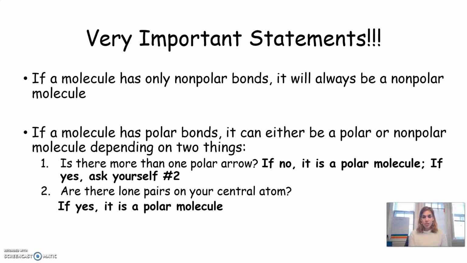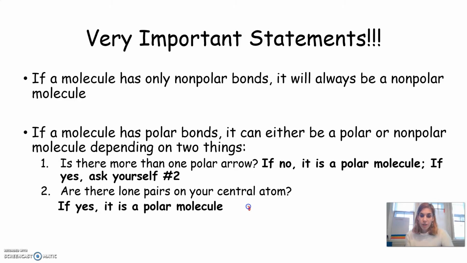These are the two questions you need to ask yourself this unit. Is there more than one polar arrow? If there's only one polar dipole arrow, it is a polar molecule. If there is more than one arrow, then you need to ask yourself question number two. Are there lone pairs on your central atom?